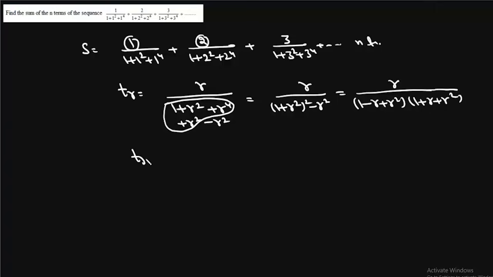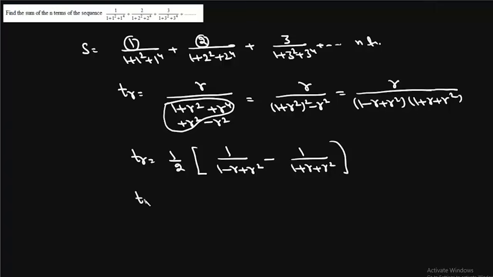So we can write this as tr, and this is 1 by 2, and here will be 1 upon 1 minus r plus r square minus 1 upon 1 plus r square. Now here this 1 plus r square will cancel and 2 and 2 will cancel.